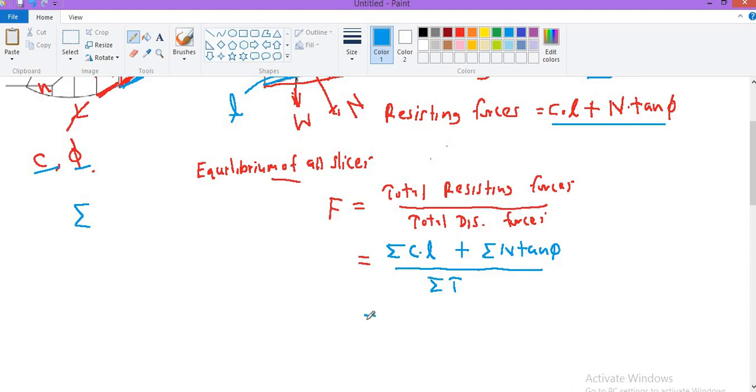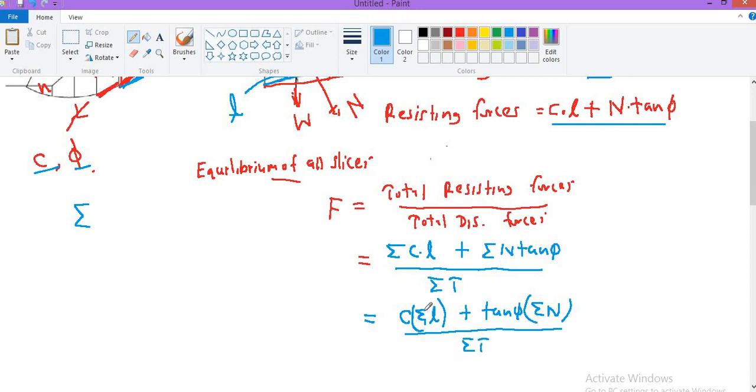So I'm going to write C outside, then we have sigma L, plus tan phi also common, sigma N, like this, and we have sigma T.